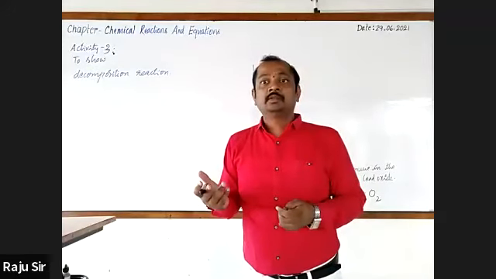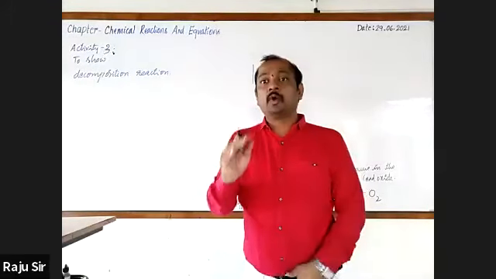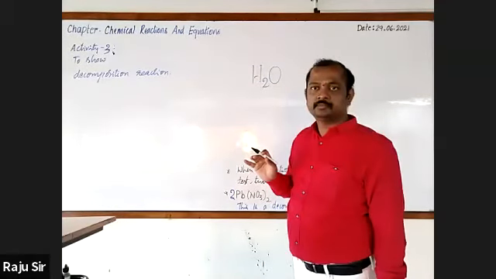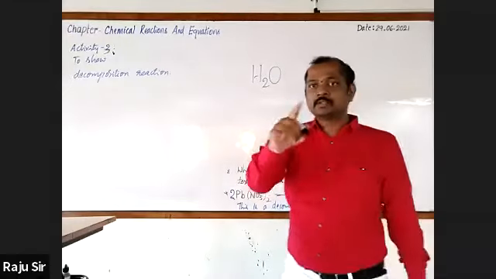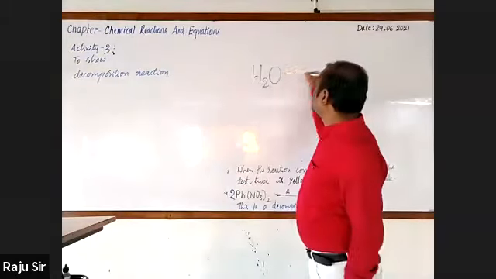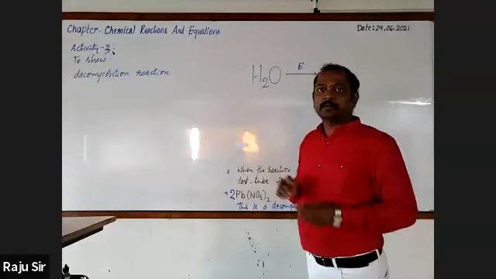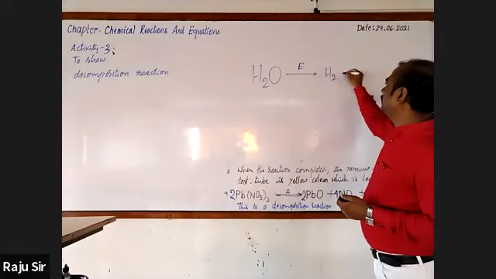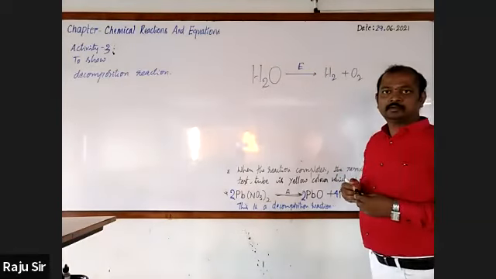Under what condition does water split into hydrogen and oxygen? When electricity is passed. Students, in your previous class you have learned that when electricity is passed through water, it gets split up into hydrogen and oxygen.